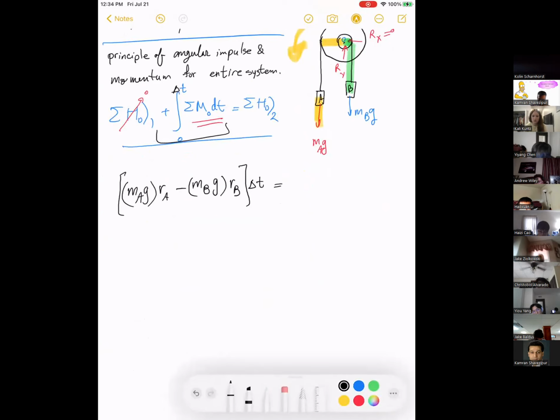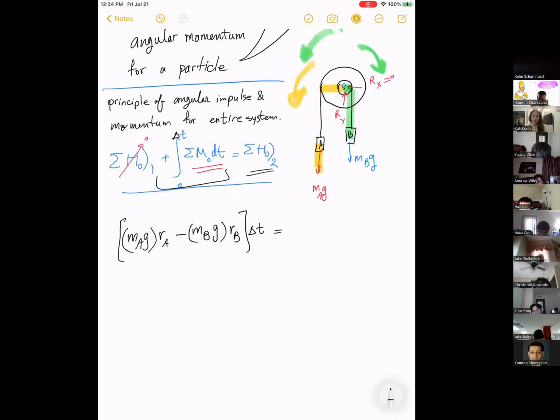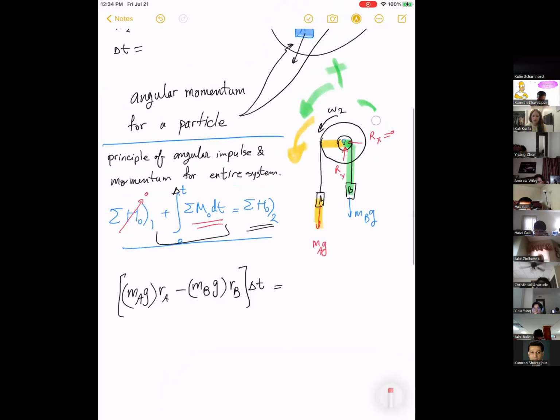Now, summation of angular momentum. If I assume that this is going to go this way, my omega 2 is going to be this way, right? Let's clean these things also. So I have three objects that create angular momentum. One is the spool.